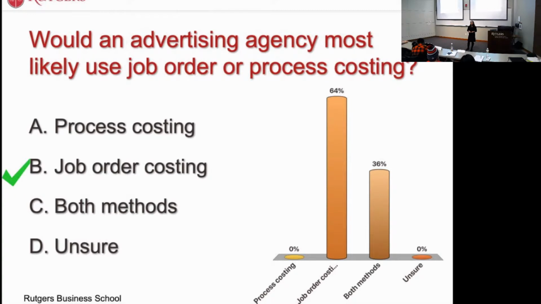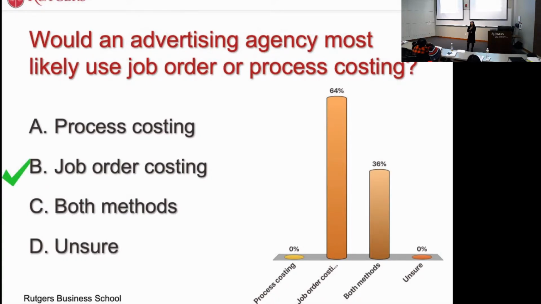For billboards, every campaign is totally different. Whatever requirements they're asking for is different. So it's basically like a job order. And at the same time, there are some companies that just do the same campaign over and over again. That's why we consider it as a process costing.